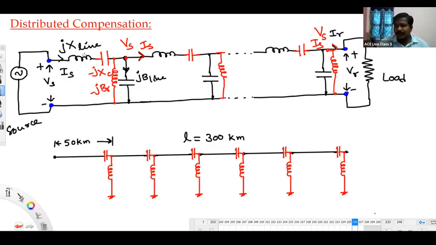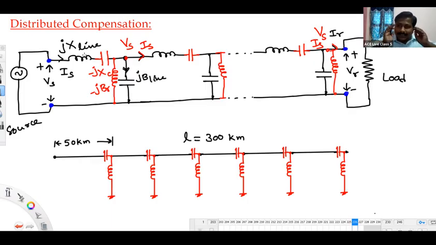So we are not interested in providing compensation for the complete series inductive reactance and complete shunt capacitive susceptance. We will provide some degree of compensation only, from this point onwards. So I am taking up two cases here.